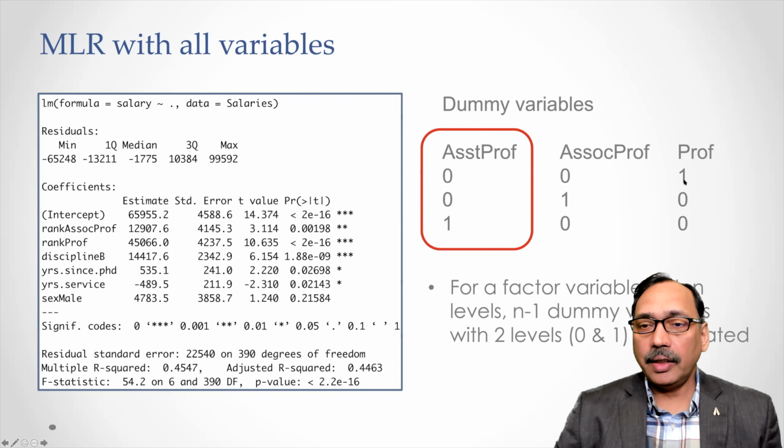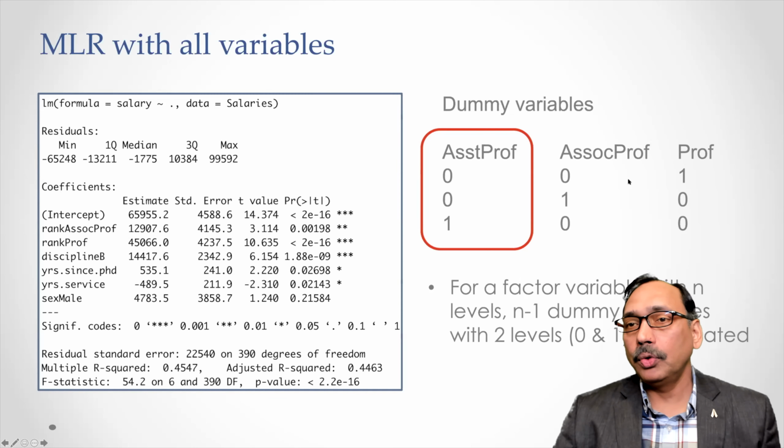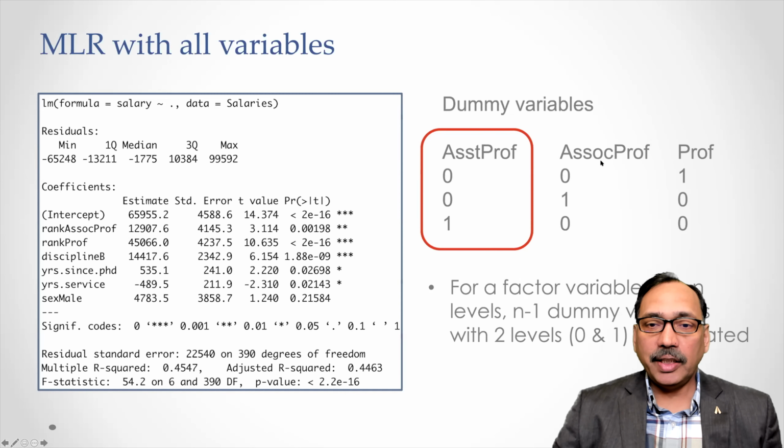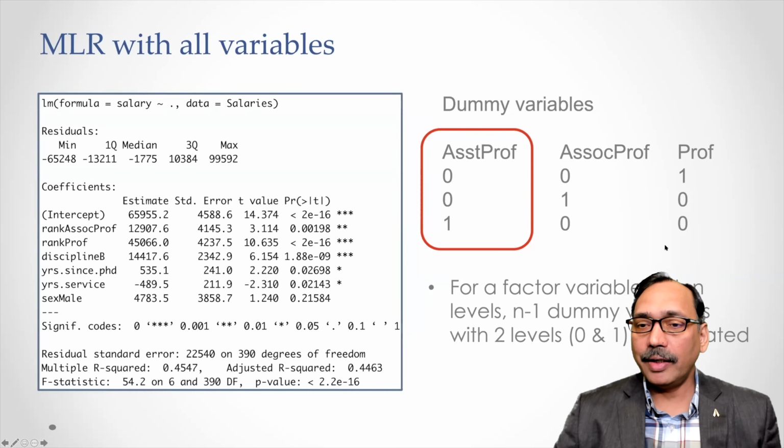For example, if somebody is a professor, then this level will take a value of 1 and the other 2 levels are going to be 0. Similarly, if somebody is an associate professor, that will become 1 and the other 2 values will be 0. And similarly for assistant professor, this is 1, the other 2 are 0.